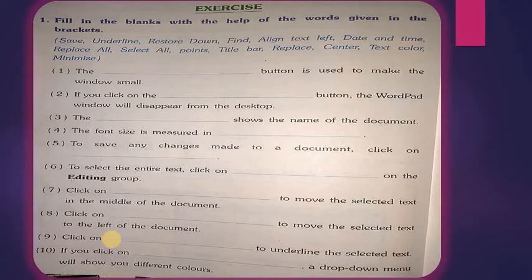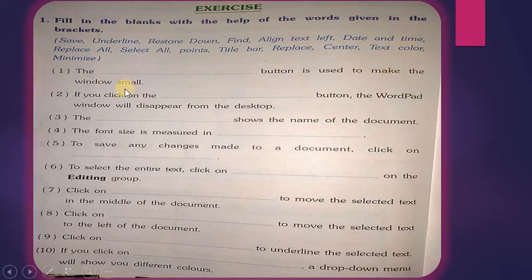This is also an exercise of your textbook. Here is the option given, and this is our 10 filling the blanks, and it is the picture of your textbook. Now read the first blank. The dash button is used to make the window small.